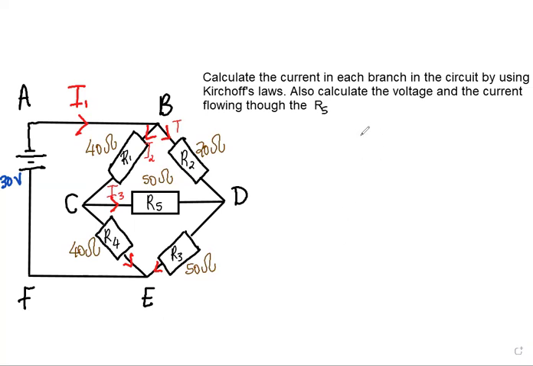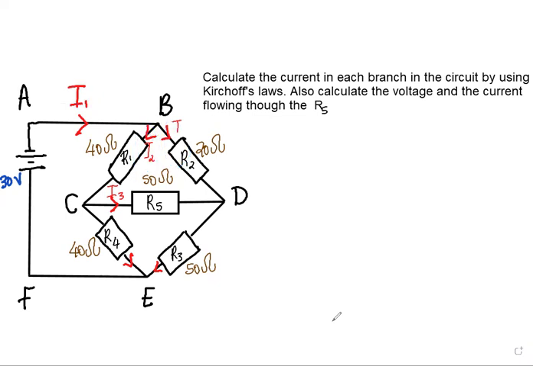So for us to calculate the current at junction BD, we know that we don't have the current at BD, but we know the current that is entering, which is I1, as well as what is leaving, which is I2, as well as the current at BD.